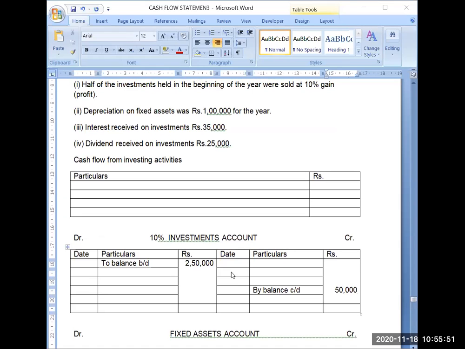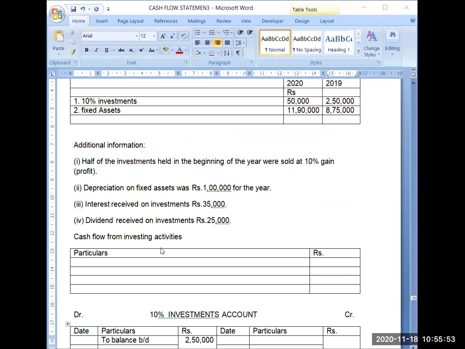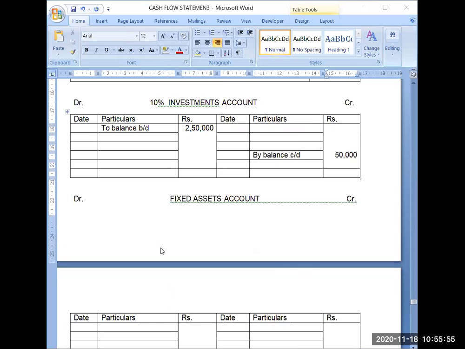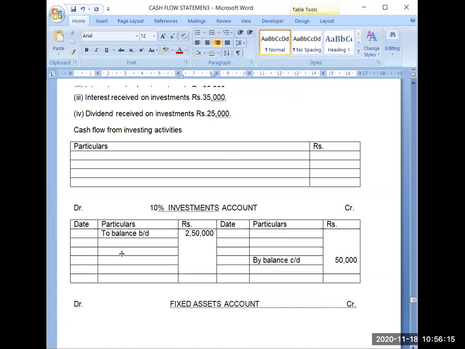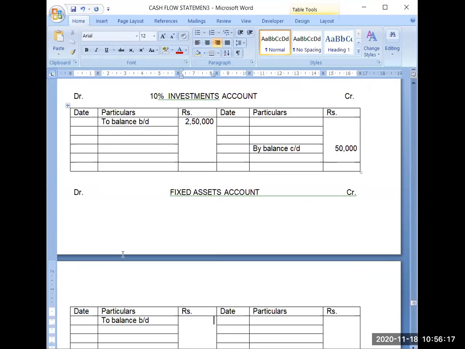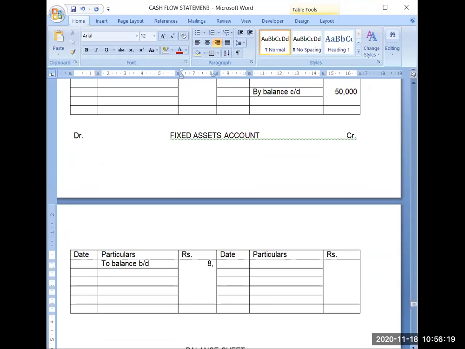Now another account, fixed assets account. Opening balance is 8,75,000, to balance brought down. 8,75,000 is the opening balance.